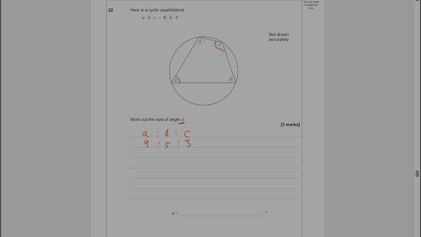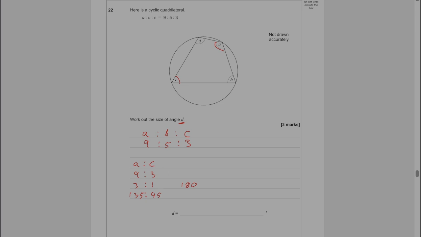So if I separate that as a ratio, A to C is the ratio 9 to 3, which is the same as 3 to 1. So I want to split 180 between that, so that's going to be 45, 135.